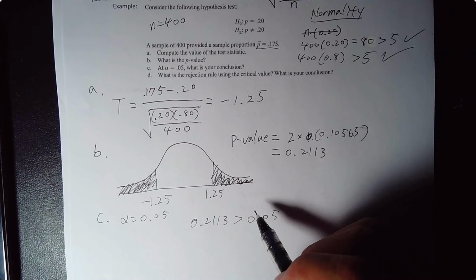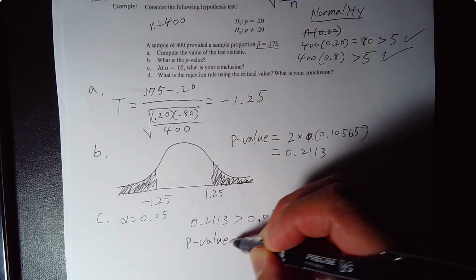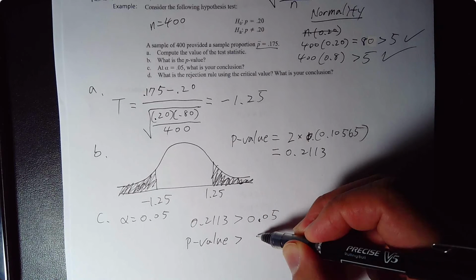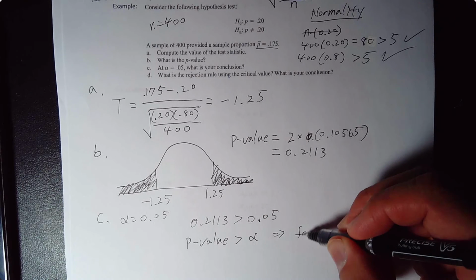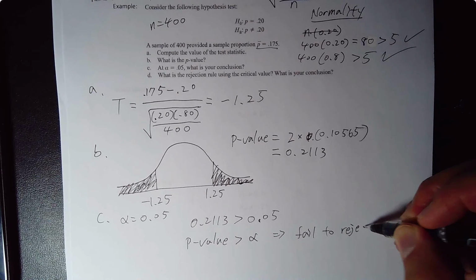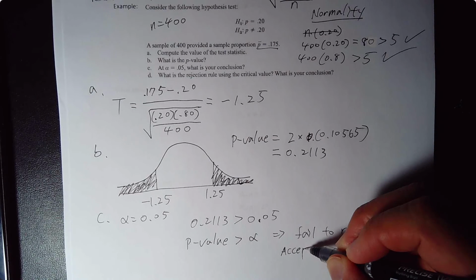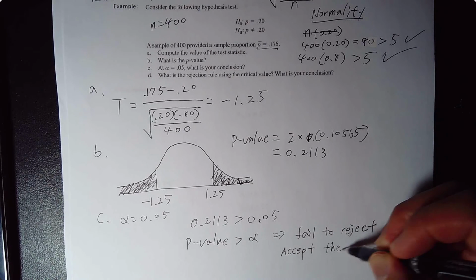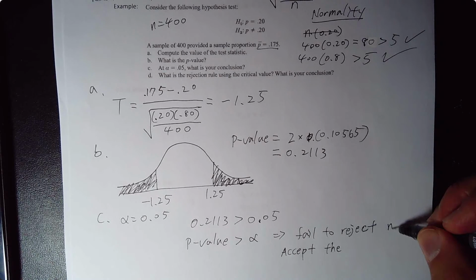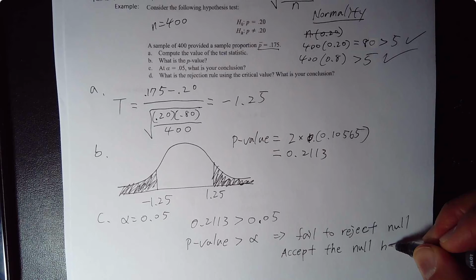So our p-value is greater than our alpha, therefore we fail to reject. Or you can say we accept the null hypothesis. Either of these statements is fine.